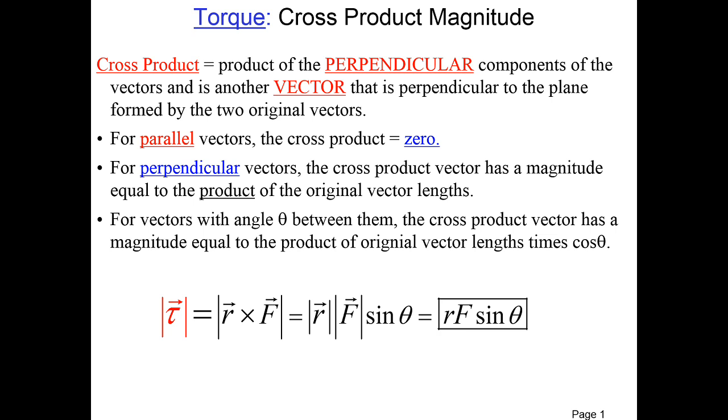So for two vectors with an angle between them, let's call it theta, the magnitude of the vector is the product of the two magnitudes times the sine of the angle theta between the two vectors. Notice if theta is 0, then sine of 0 is 0, and if the angle is 90 degrees, then the sine of 90 is 1, so it again becomes the product of the two vectors.